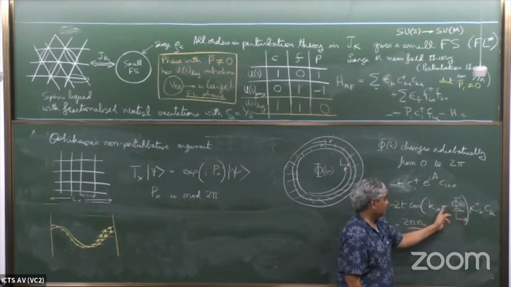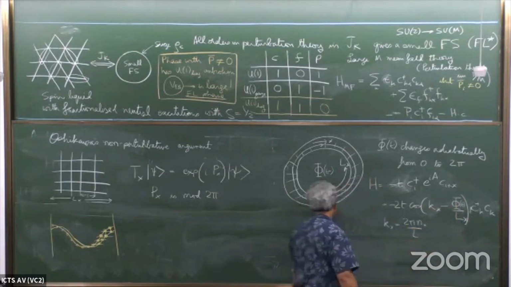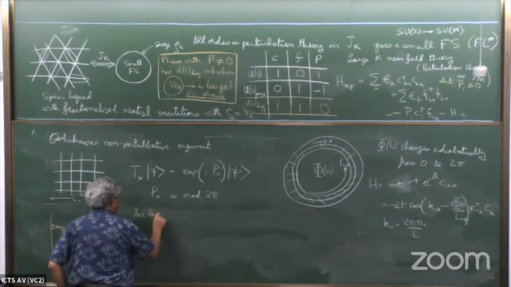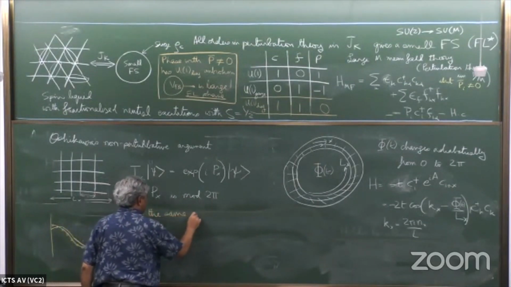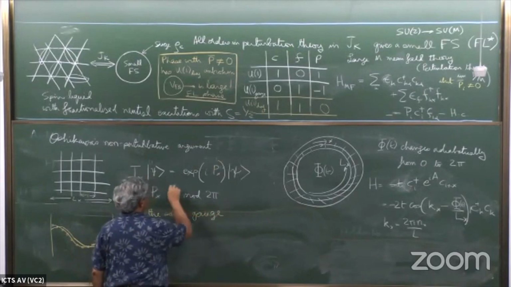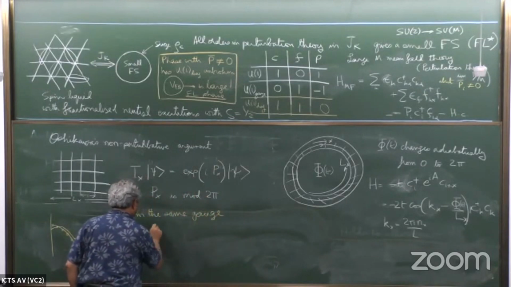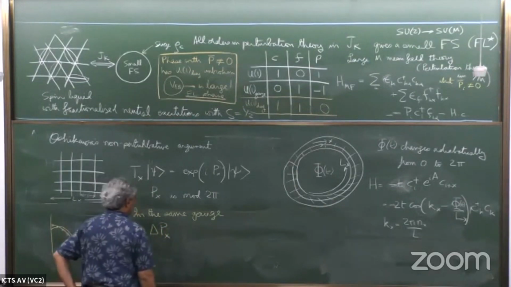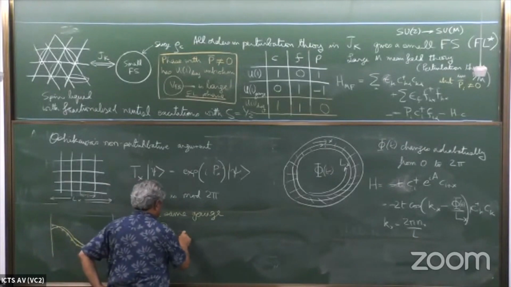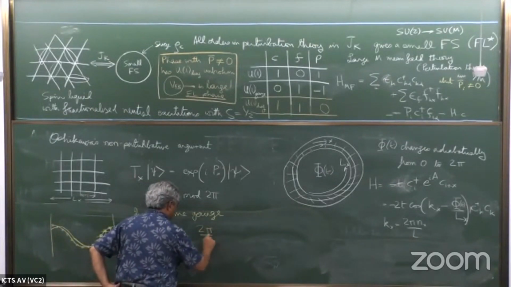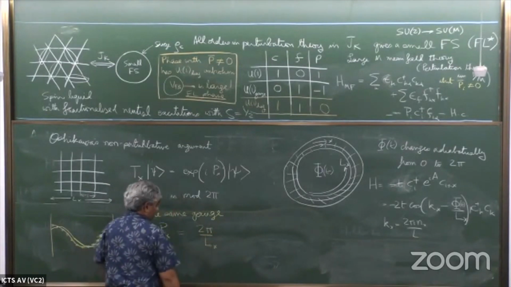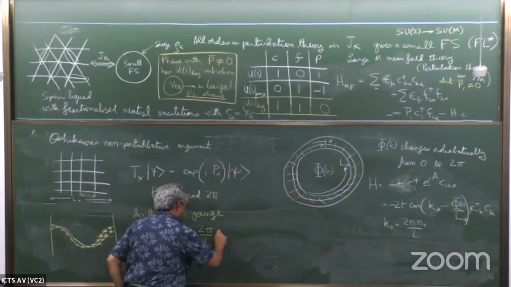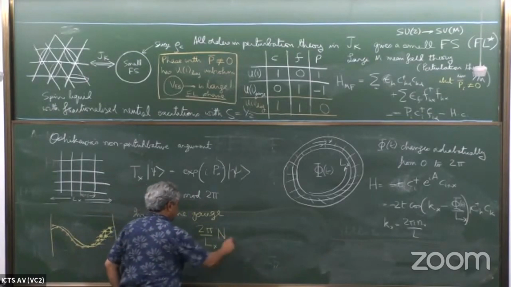And you can see how to get rid of it: just shift kx by 2 pi over L. So in the same gauge, this eigenvalue of delta px changes, which is of course only measured modulo 2 pi. So delta px, before and after the flux insertion, is 2 pi over Lx. And if I had a bunch of particles, the same thing applies to every particle, so I just multiply by the number of particles, N mod 2 pi.